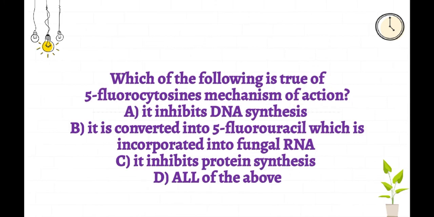Next, which of the following is true of 5-fluorocytosine's mechanism of action? Option A, it inhibits DNA synthesis. Option B, it is converted into 5-fluorouracil which is incorporated into fungal RNA. Option C, it inhibits protein synthesis. Option D, all of the above.